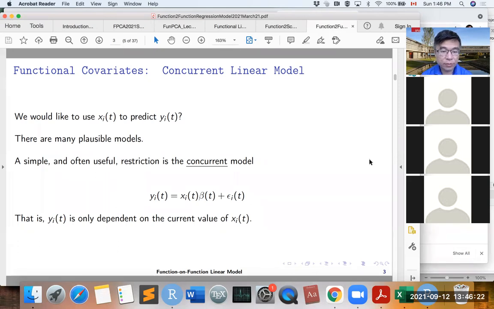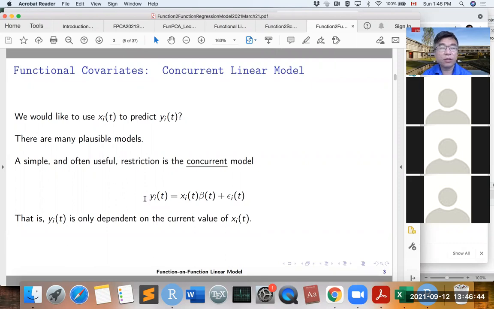So this is how the model looks. You can see here the value of the response Y_i at time t will only depend on the current value of predictor X_i. So that's why it's called a concurrent linear model.